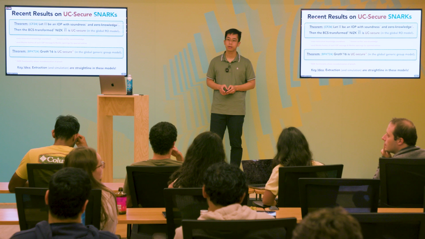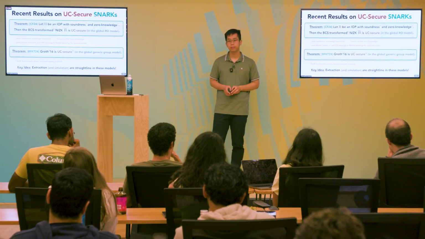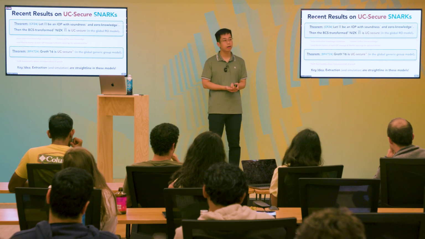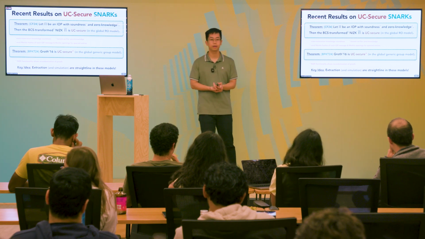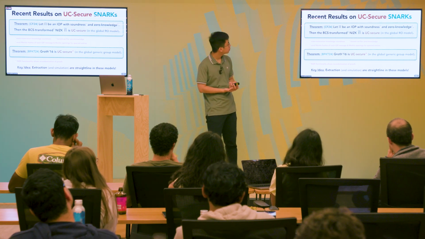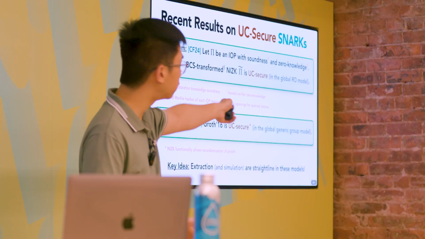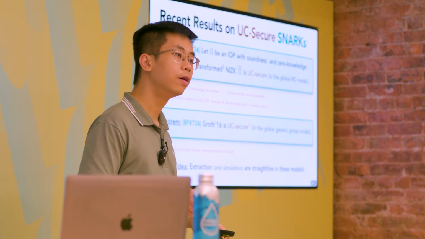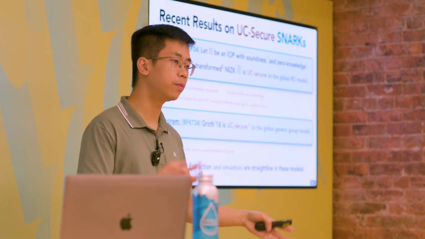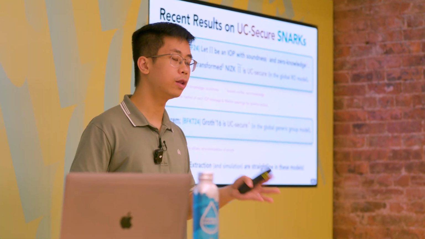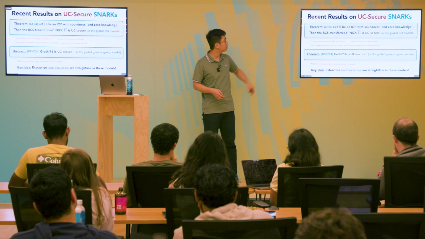Does it generally feel like all SNARKs people use have all these strong security properties we want them to, and it's just a pain to prove it? Is that generally your sense? I don't think so. Maybe with these global generic groups, you can show that a lot of group-based or pairing-based SNARKs are actually straight line extractable and therefore maybe UC secure.